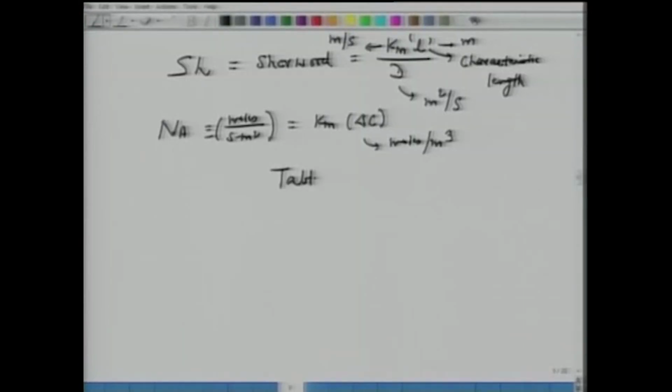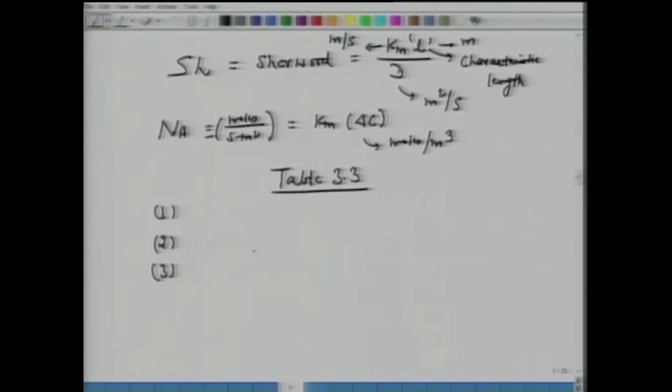So you are required to visit a table in Treybal, which is table 3.1, I beg your pardon, table 3.3, where we have several such cases listed. We will just note down a few of them.